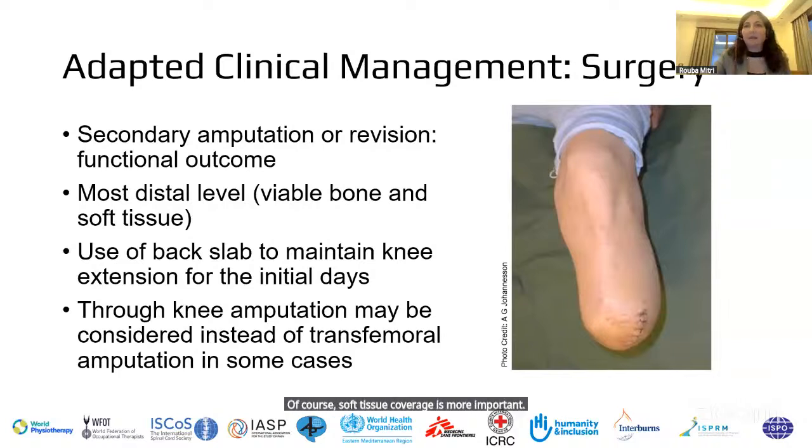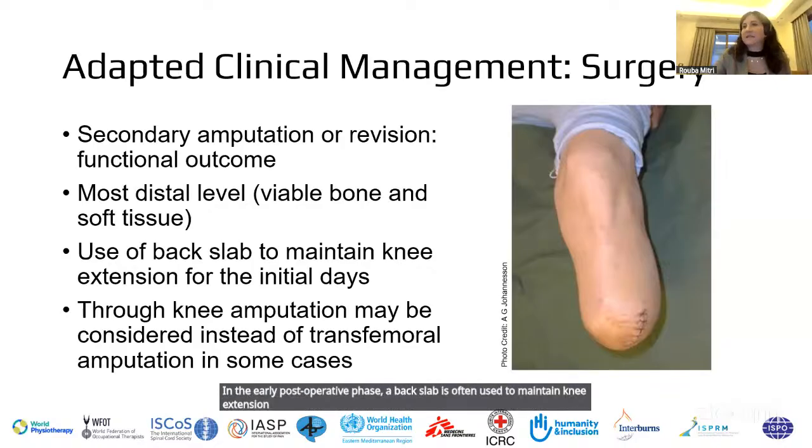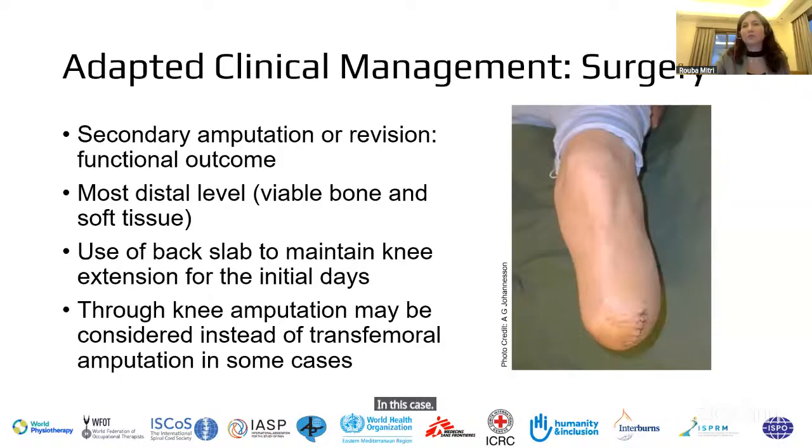In the early post-operative phase, a back slab is often used to maintain knee extension. In this case, we are talking about someone who has a below knee amputation. And the goal is to prevent contractures, to prevent the knee flexion in this case.